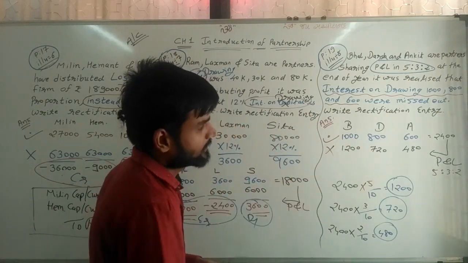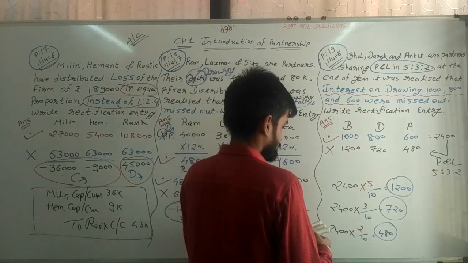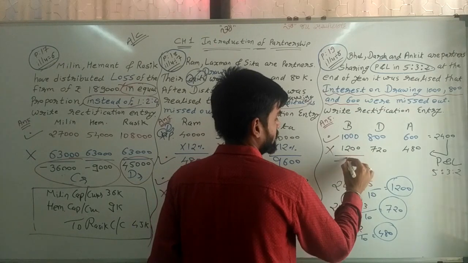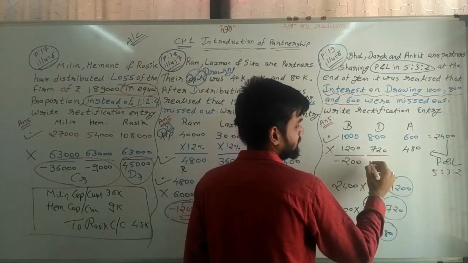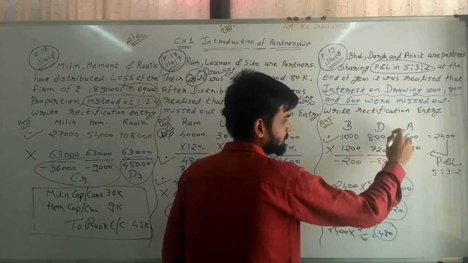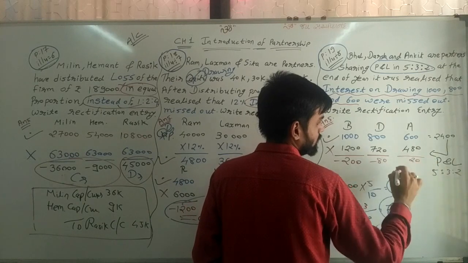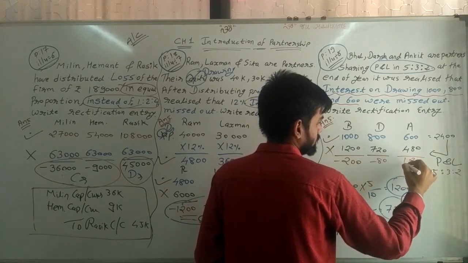And now, just find difference between two. 1000 minus 1200, minus 200. 800 minus 720, sir, plus 80. And finding here difference, 600 minus 480, so 120.